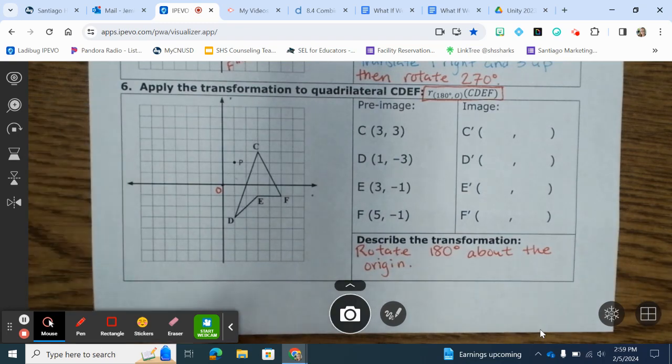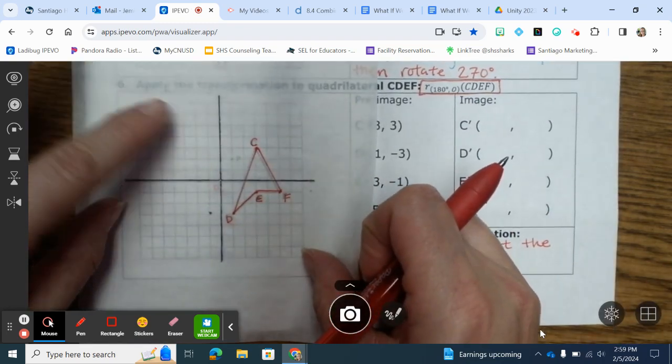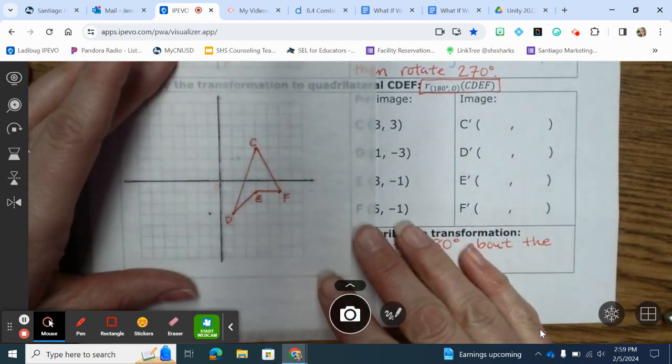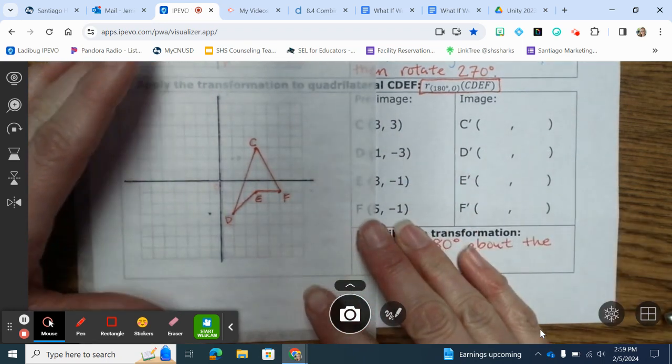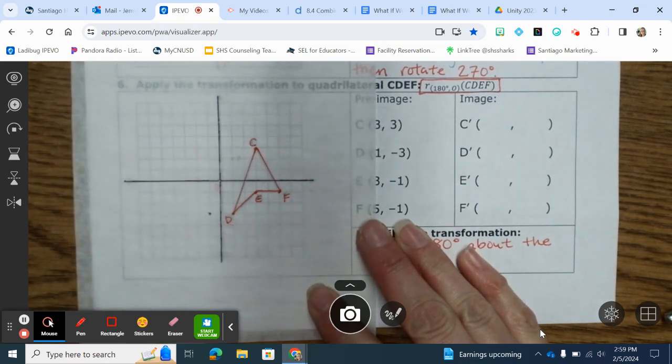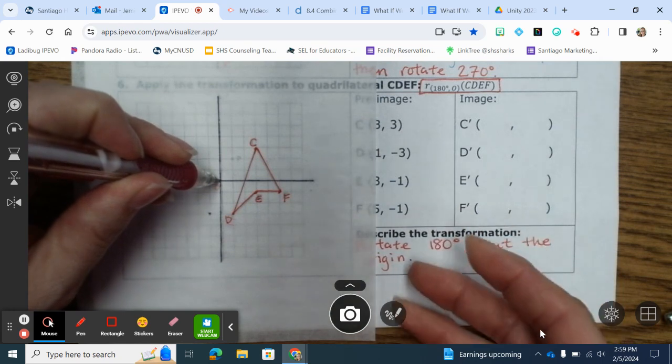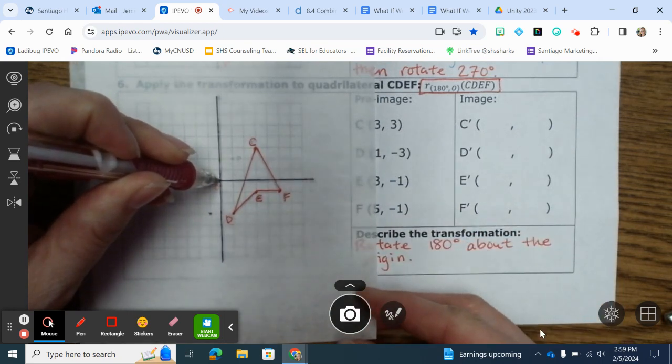I'm going to go back to my handy dandy patty paper, line up my X and Y axis, put that right on top of my figure. Put my pencil or my pen on my origin, and I'm going to rotate 180 degrees.